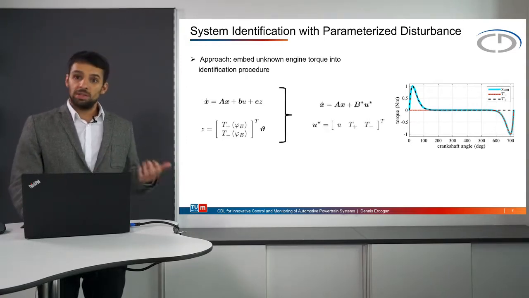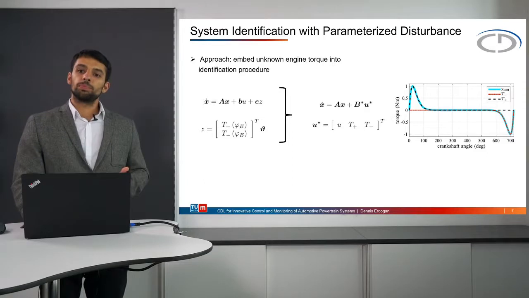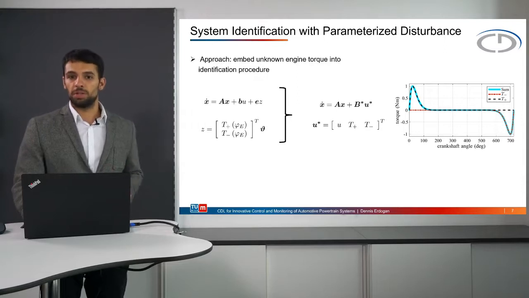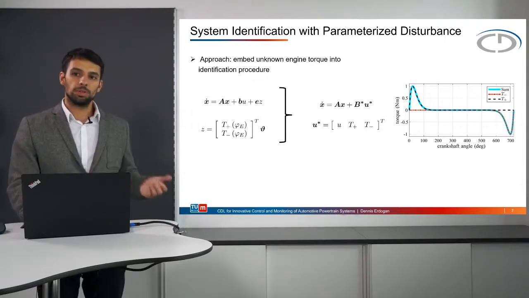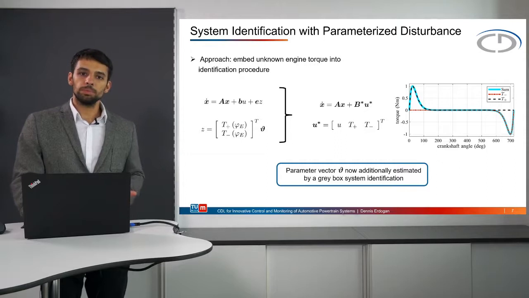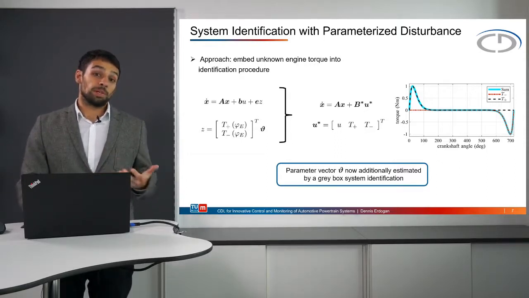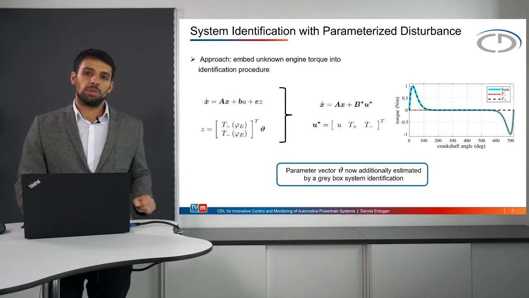By extending the input vector with the Ansatzfunctions, the engine torque also becomes part of the system identification, with the parameter vector theta now additionally estimated by the gray box system identification.